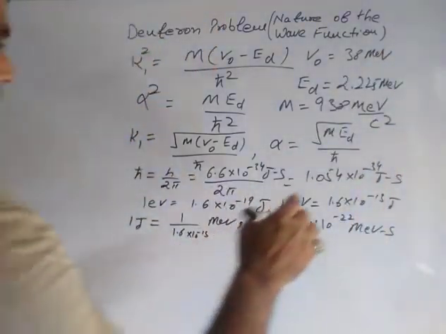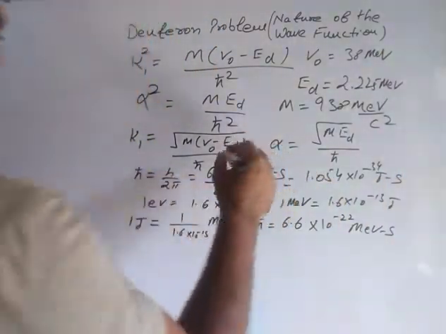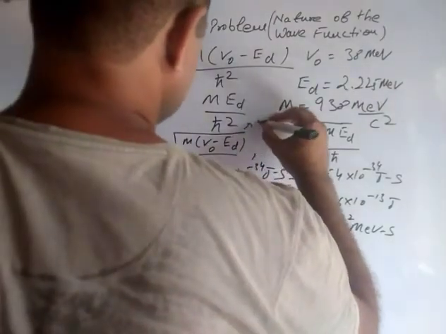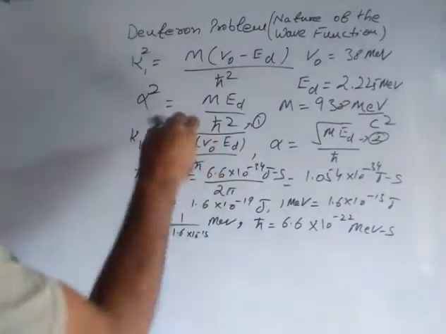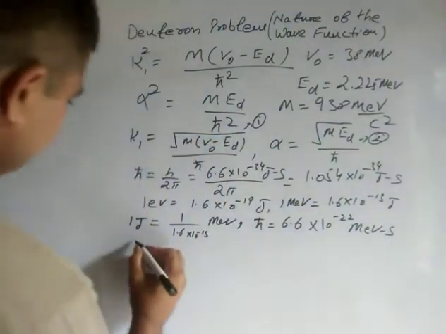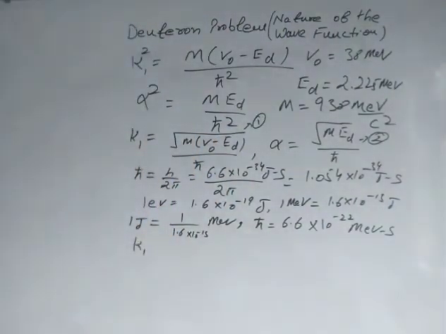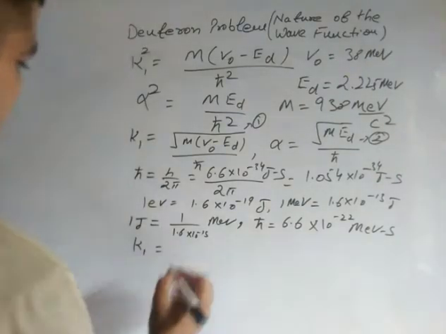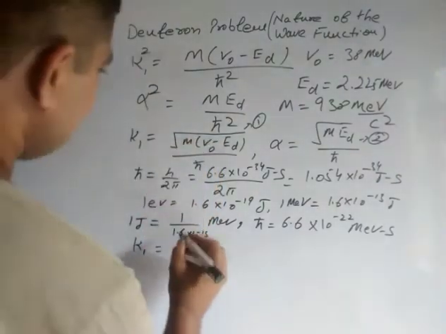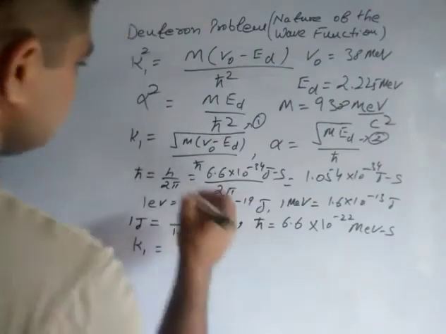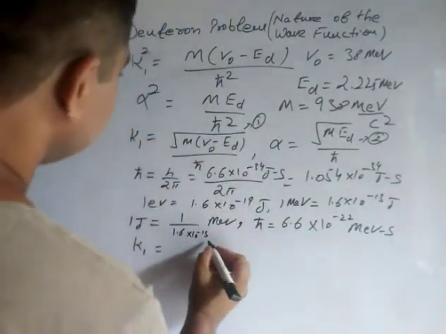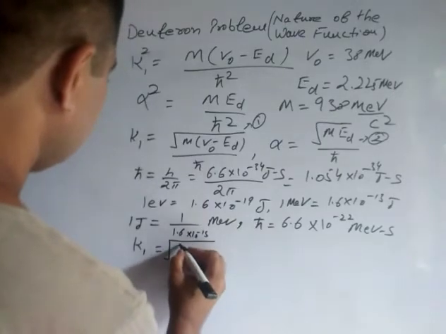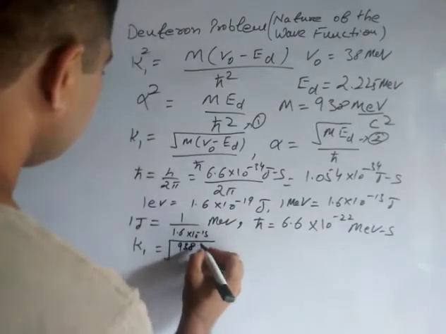Okay, now putting all these values in this equation, let this equation be equation number 1 and this one equation number 2. When we put these values in this equation, we will get K1 is equal to, now you know that M is 938 upon c square, under the root. Now c square will cancel, so you get K1 equals the square root of 938 into V naught minus ED.